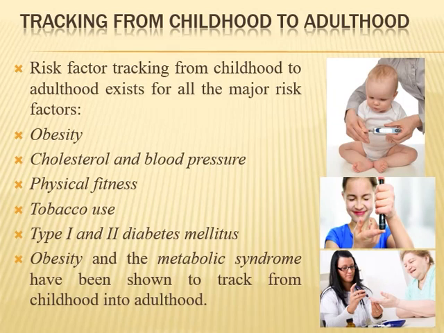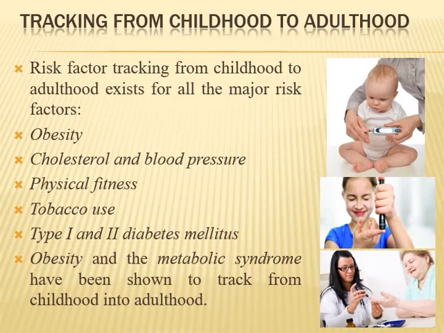Those who develop obesity have been shown to be more likely to develop hypertension or dyslipidemia as adults. Tracking data on physical fitness are more limited. Physical activity levels do track, but not as strongly as other risk factors. By its addictive nature, tobacco use persists into adulthood, though approximately 50% of those who have ever smoked eventually quit.